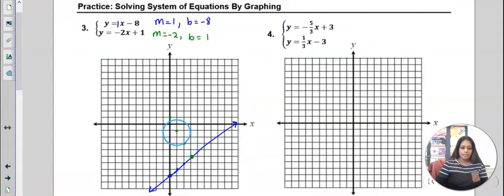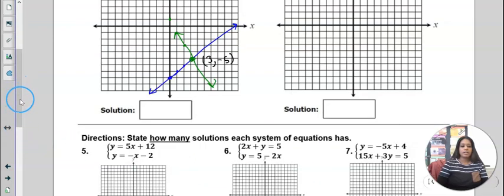Okay, so it connects like that. Anyway, where do they cross? It crosses right here. So it looks like my solution is at x is 3 and y is -5. That's it.